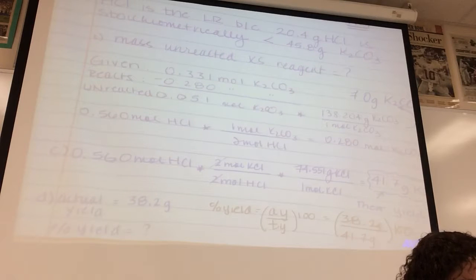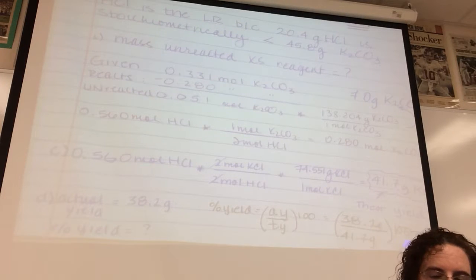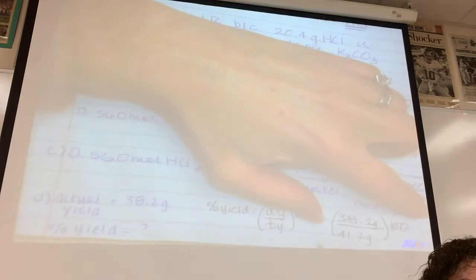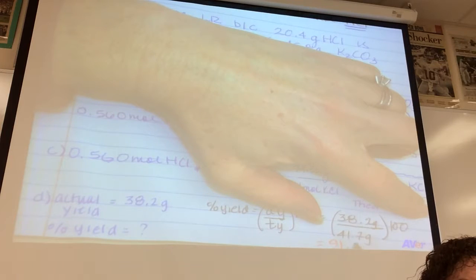So you have 38.2 divided by 41.7 times 100 is 91.6%. And that is really the only new piece of the puzzle. The next big question we're going to do is very similar. Just want to put all the pieces together.